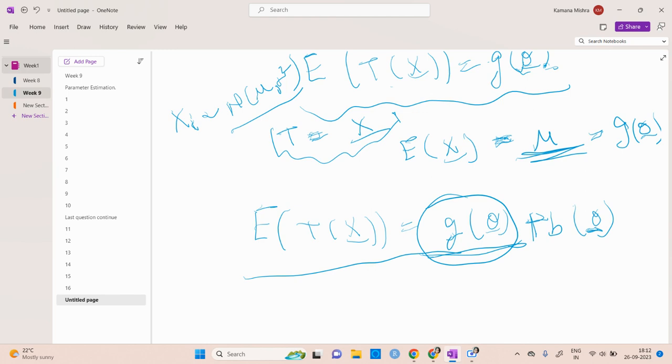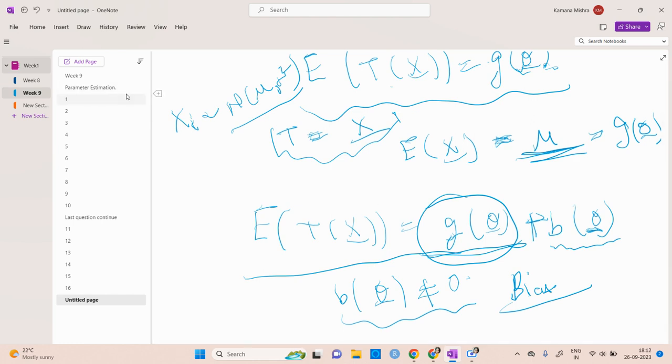So this is just an example. If we have one extra term like b(theta), what we say is bias. So this is a biased estimator, if b(theta) is not equal to 0. This is how much biased this estimator is.